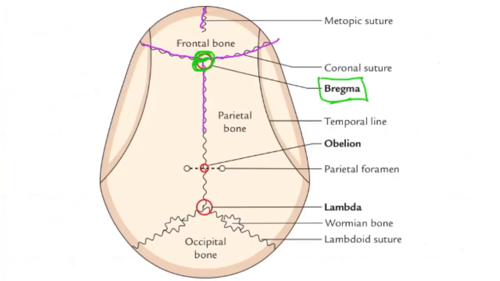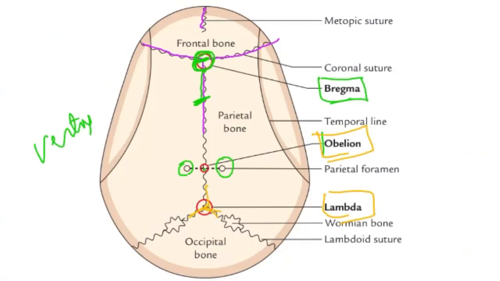And immediately behind bregma is the highest point of the skull, called vertex. And these are the parietal foramina, and the point between these two parietal foramina is called obelion, right? And the point where the sagittal suture and lambdoid suture adjoin is called lambda, right?